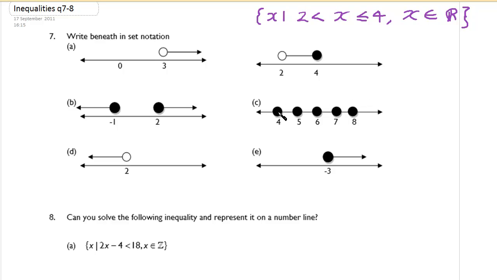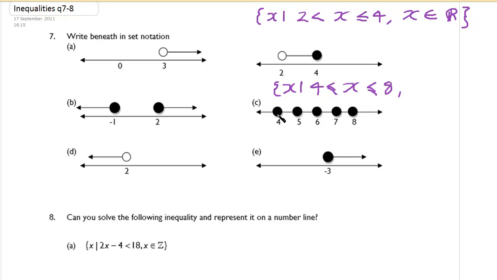On this one, all we've done on the number line is indicated 4, 5, 6, 7 and 8, and no other values in between. So here we're going to have x is such that 4 is going to be our lowest value. Now we can be less than or equal to it because we have got it filled in, and we're going to go x all the way up to 8, and I'm going to use the less than or equal to sign.